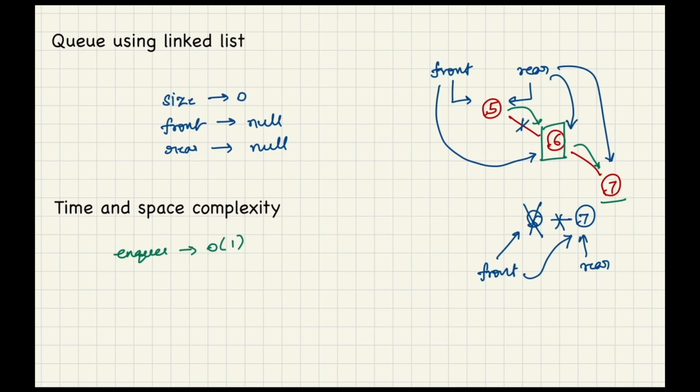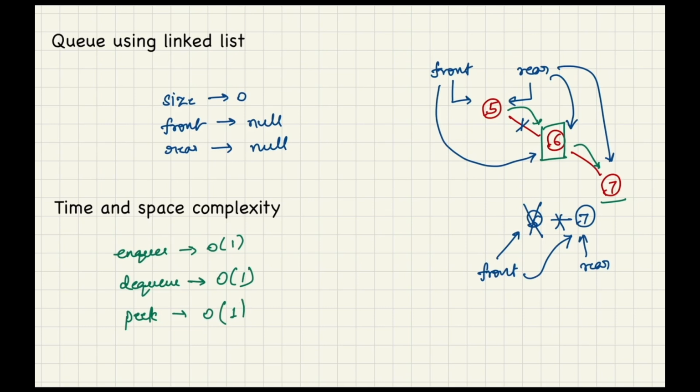Similarly, when we are doing a dequeue, again we are just removing some references. So for dequeue as well, the time complexity is O(1). Same thing for the peek because we already have the reference to our front element. So this is also going to be O(1).